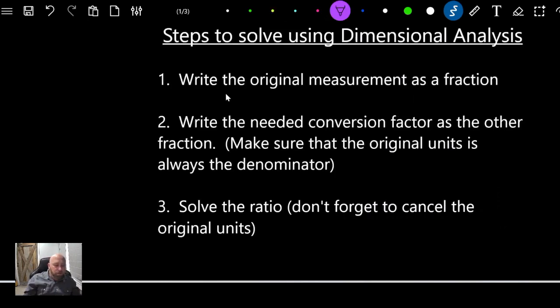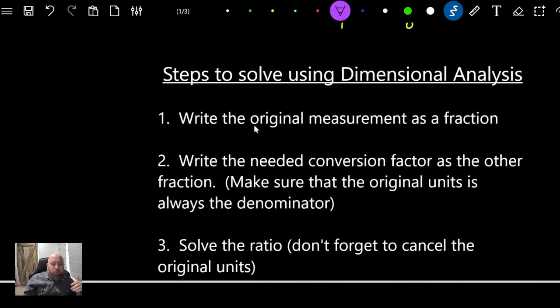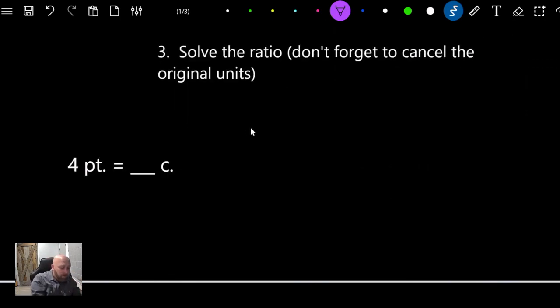All right, so what I want to do is I'm going to kind of go back and forth between a problem and between the steps. And so that's how we'll kind of go through it. So you got the first one, write the original measurement as a fraction. I promise you it's easier than you think. What you're going to do is you're going to come down here to your problem. You're going to have 4 pints equals blank cups. And we're just going to write the original, which is 4 pints, as a fraction.